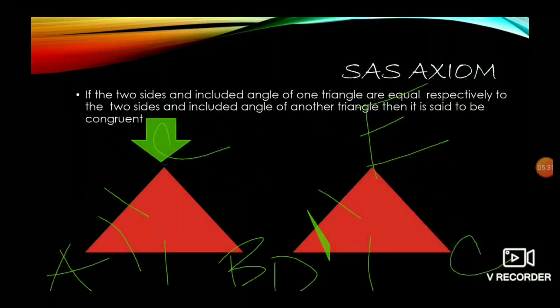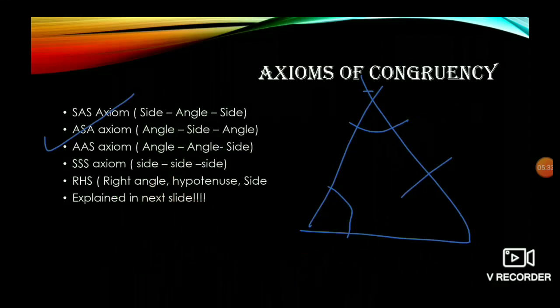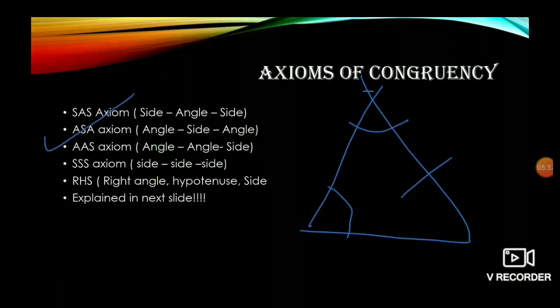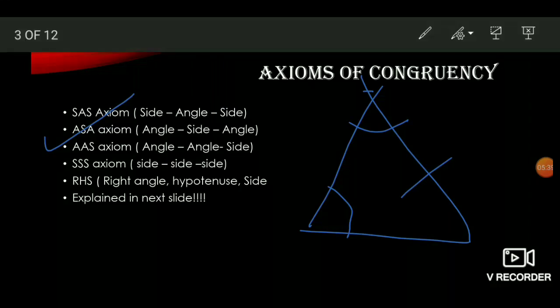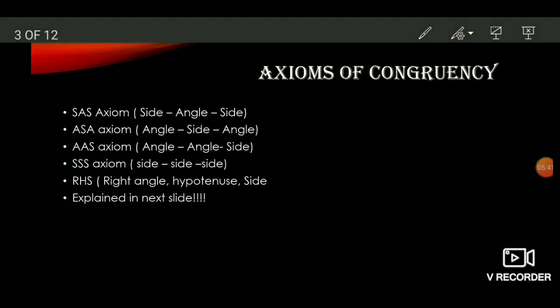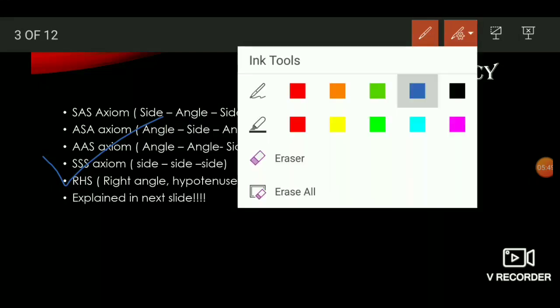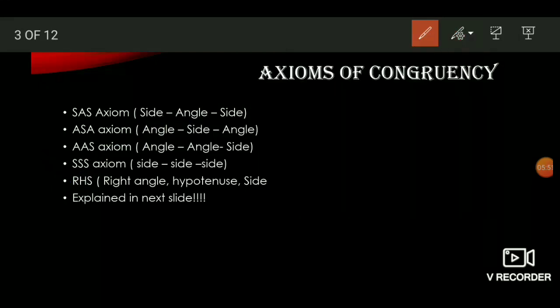Now our next axiom is SSS. It is very common, and it is also very easy. SSS, that is side side side. Now next is RHS. Here RHS is only applicable in right angle triangles.